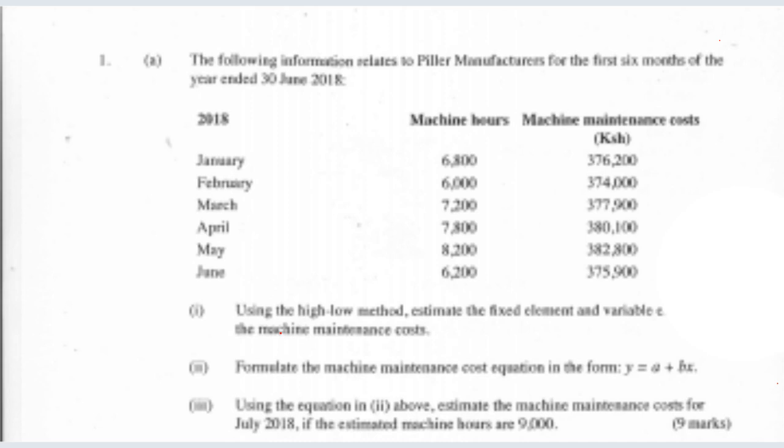Then the next question: using the equation in 2 above, estimate the machine maintenance cost for July 2018 if the estimated machine hours are 9,000. So we are going to use the equation that we have, y is 350,000 plus 4x, to predict the machine maintenance cost of 9,000 hours.